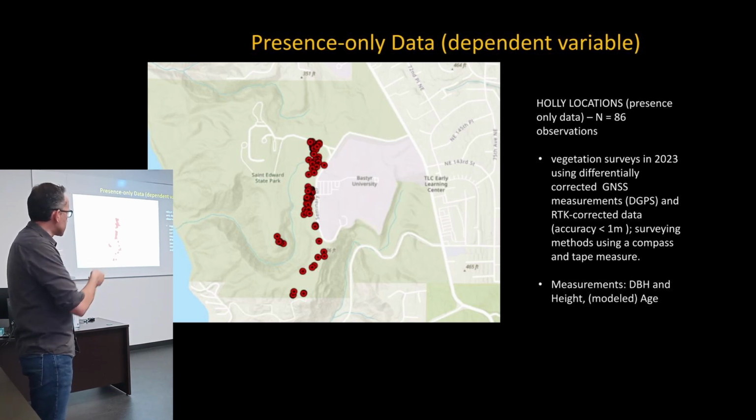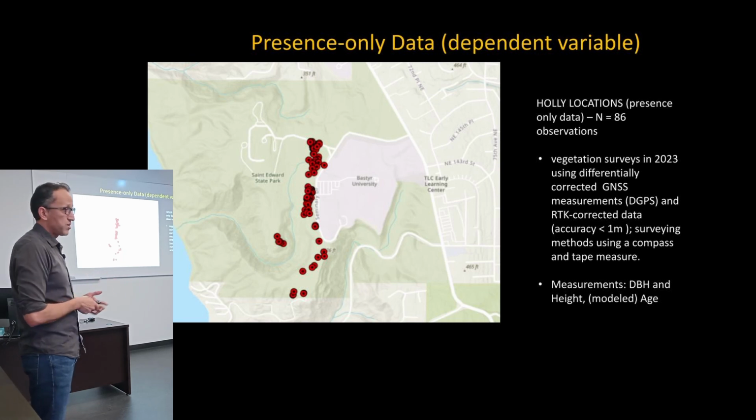We bought some equipment with the grant money, but in the meantime, before we actually got the GPS equipment, we also did some surveying using traditional techniques, with compass and tape measures, a little bit more traditional ways of finding locations.